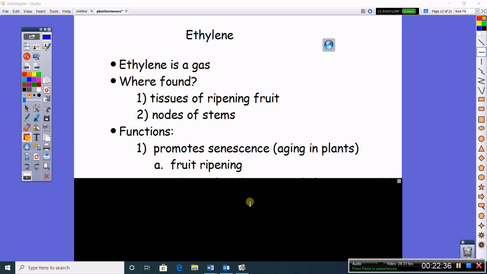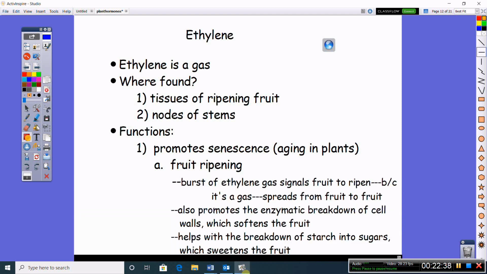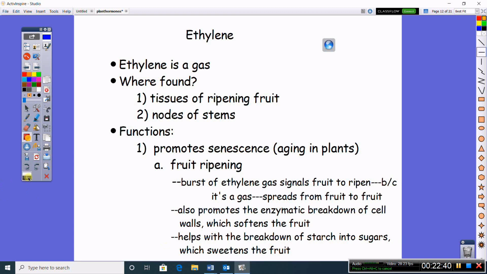All right, so let's talk about ethylene with fruit ripening. I think this is kind of interesting because this is something that applies to you in your everyday life. This is under number 1, kind of on the middle of your page here. So a burst of ethylene gas signals fruit to ripen, and because it's a gas, it can spread easily from fruit to fruit.